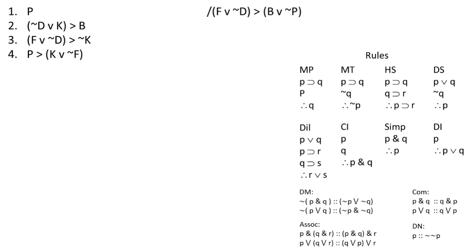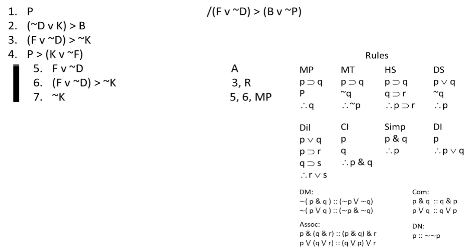And what we're going to assume is the antecedent of the conditional conclusion that we want to prove. So the first thing to do is to assume the antecedent on line 5 outside of the scope of the original argument. Then we'll reiterate premise 3 on line 6 and use lines 5 and 6 to do modus ponens.